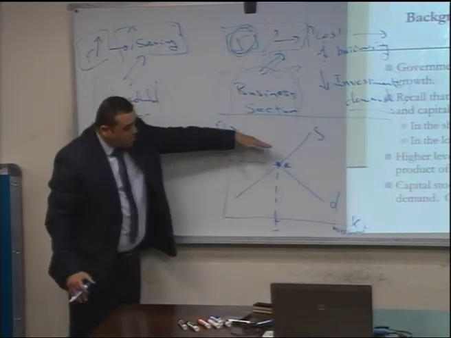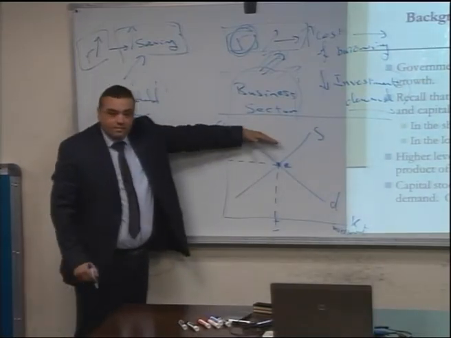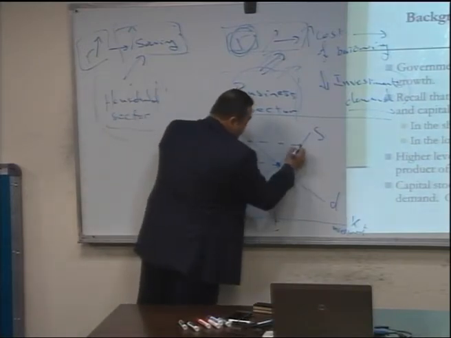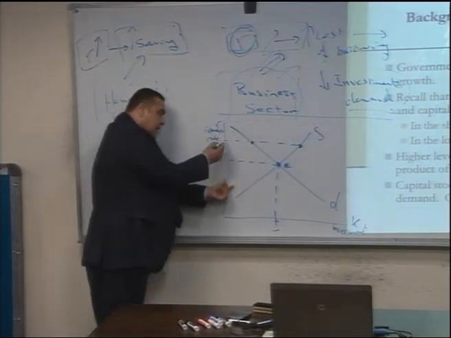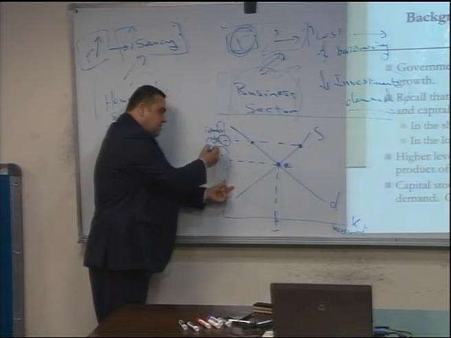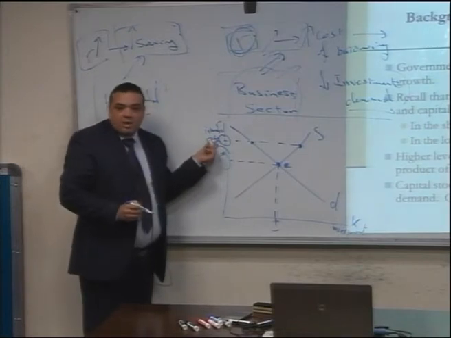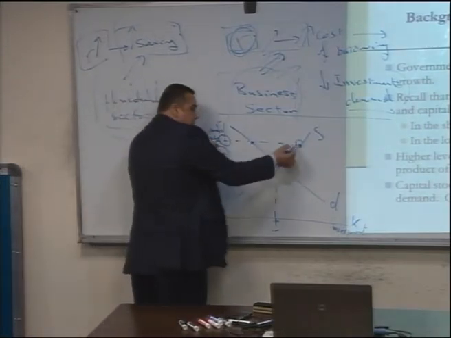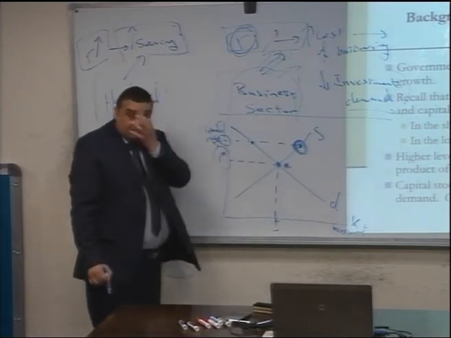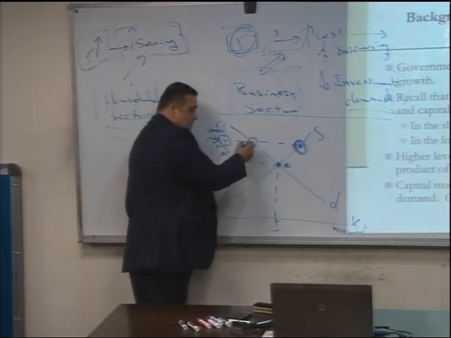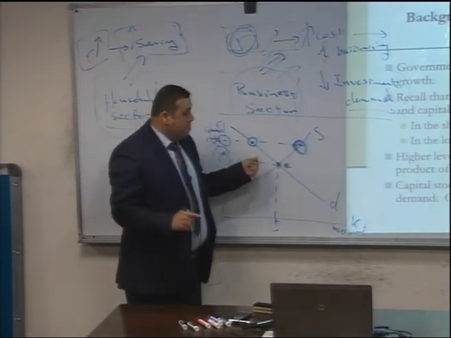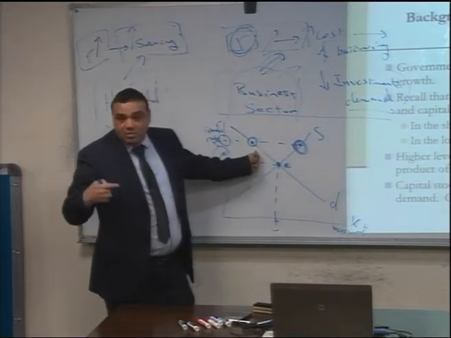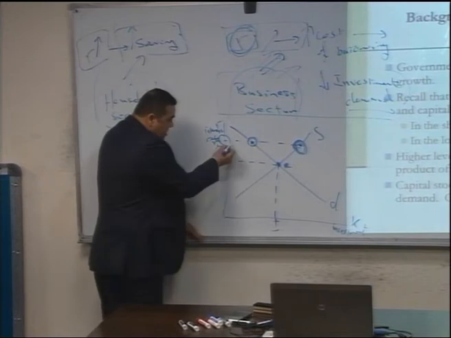Now, if the interest rate was above the equilibrium, let us assume it is R1, and the equilibrium is R star. At R1, supply of money is bigger than demand for money, meaning the households have saving higher than investment demand, so the interest rate goes down.